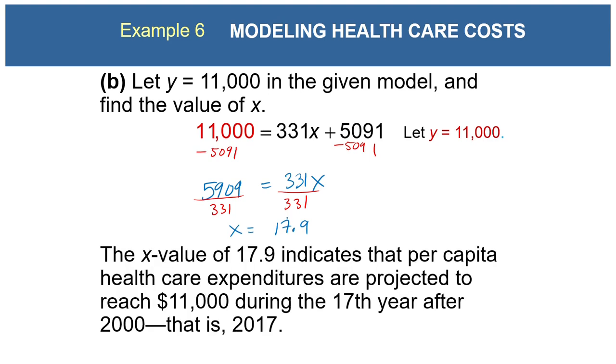The X value of 17.9 indicates that per capita healthcare expenditures are projected to reach $11,000 during the 17th year after 2000, that is, in the year 2017. Or you can say very close to the end of year 2017.